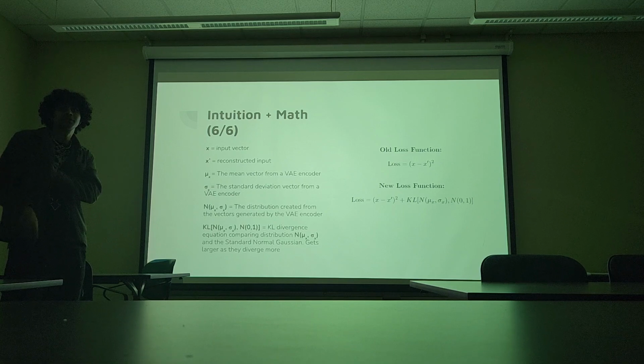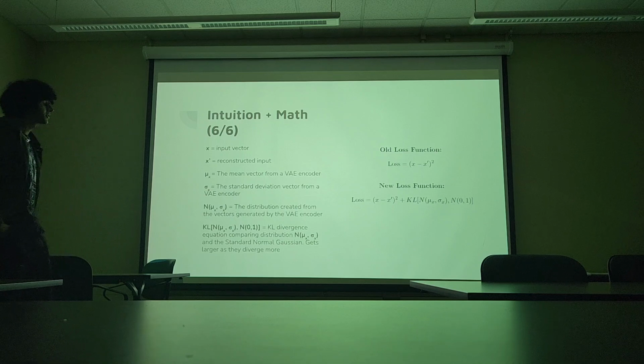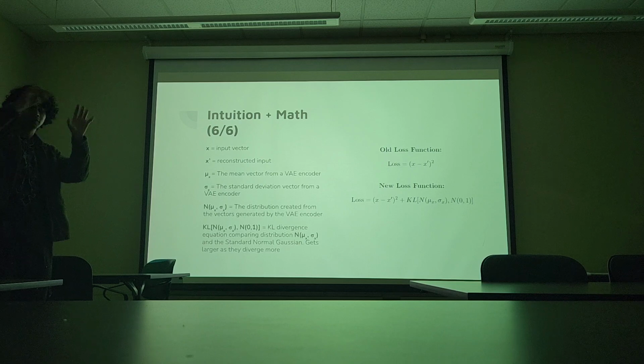So you have a question? Yeah, I know you already talked about this, but why do we use the mean and the standard deviation as vectors, and should I think about that any differently than if they weren't vectors? The reason they're vectors is because if you have a standard 2D Gaussian distribution, you have one standard deviation and one mean. How would you, with only one standard deviation and one mean, blow that up to 3 dimensions? You can't.